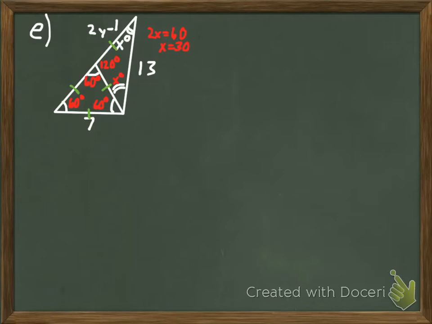So all four of those segments, these three and this one, have to be equal in length, which means that we can ultimately say, if you follow this path right here, that 2y minus 1 is equal to that, which is equal to 7. So y is going to end up being equal to 4.